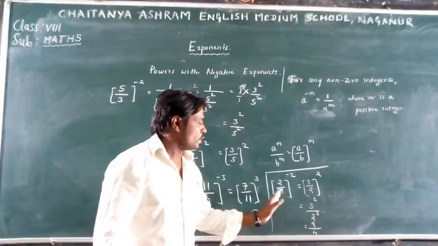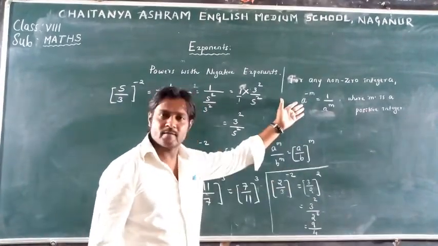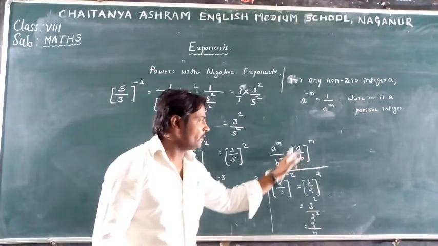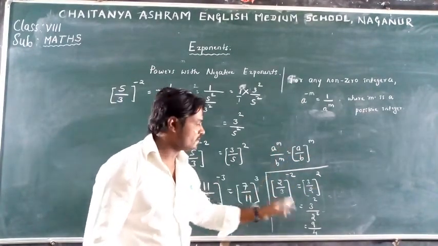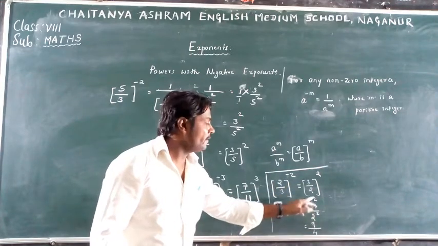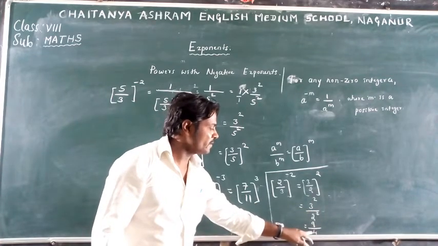Clear? So first convert it into positive exponent by using this concept. Then apply fifth law of exponent, reverse process. This 2 is related to both numerator and denominator. Then 3 raised to the power 2 is 9, 2 raised to the power 2 is 4.